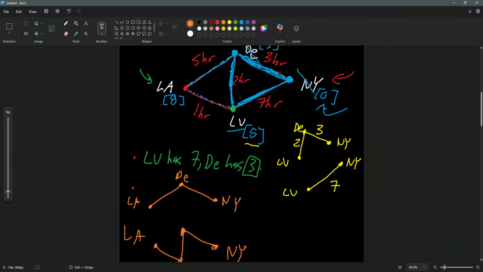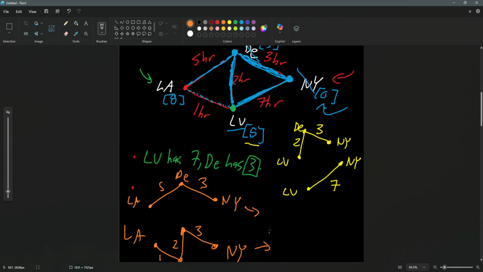Right. We said over here that the weights are 5 and 3 for a total of 8. And over here we have 1, 2, and 3. 1 plus 2 plus 3 is 6. So this guy has a total weight, length, we'll say length of 8, and this has a length of 6.